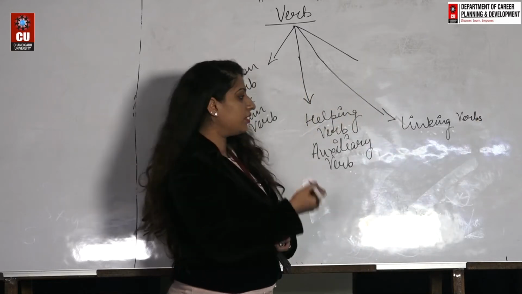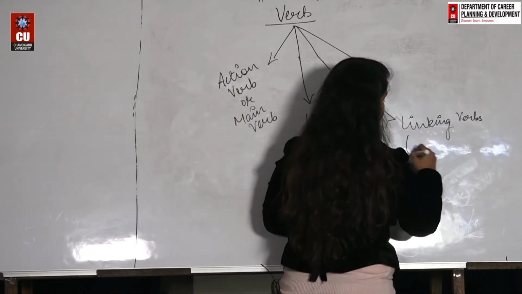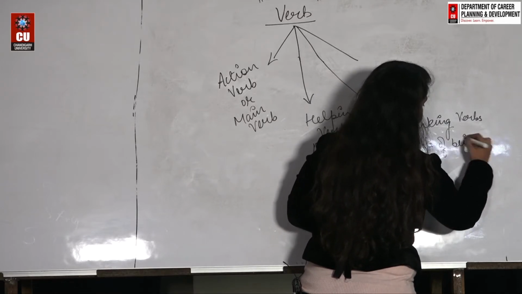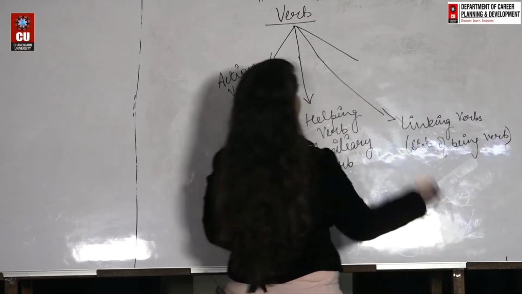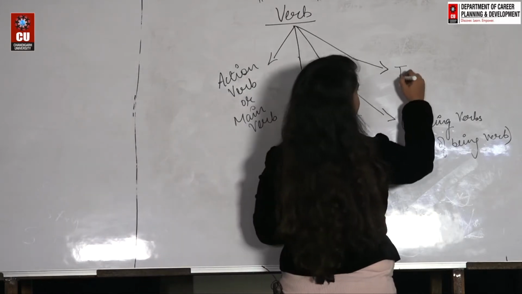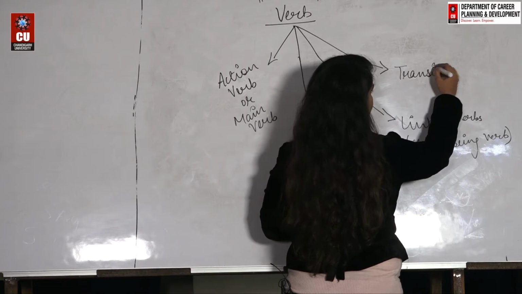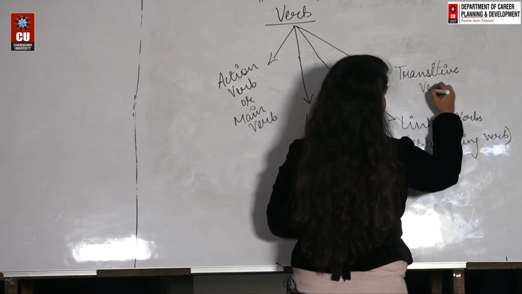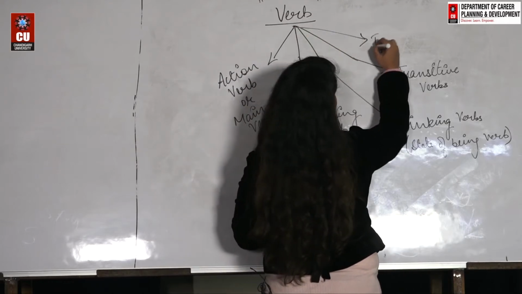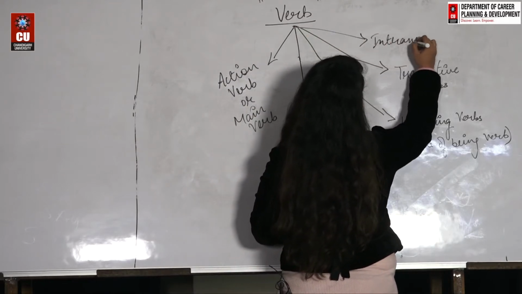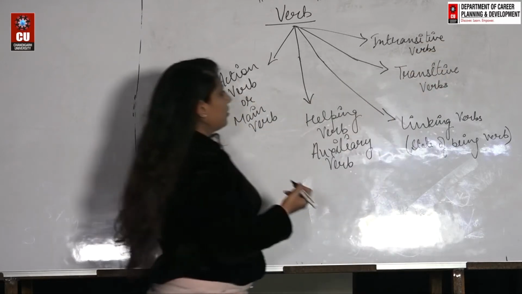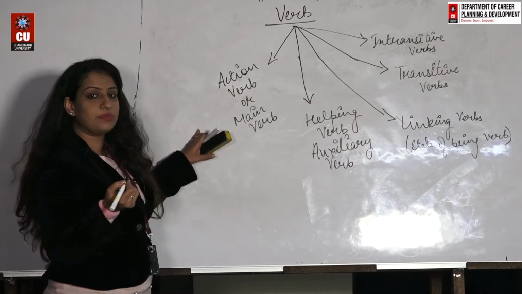There is another name that we give to linking verbs, which is state of being verbs. And then the second last is transitive verbs. And the last one is intransitive verbs. So these 5 are the types of verbs.